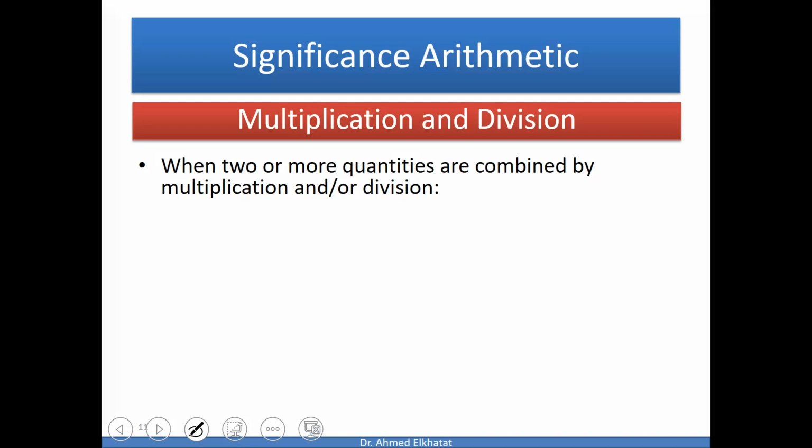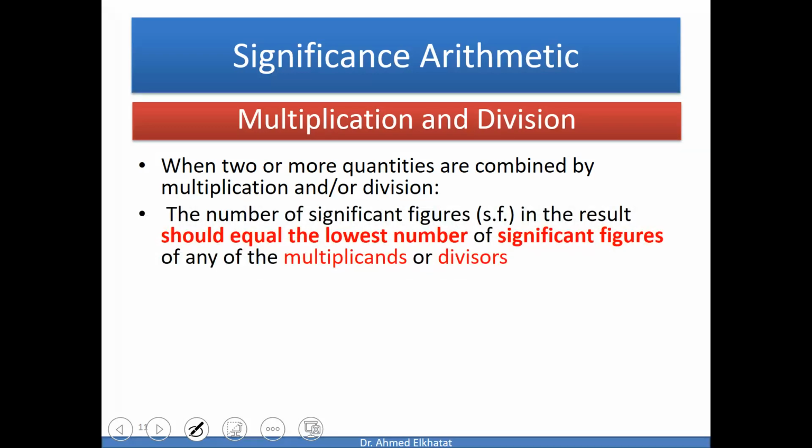So now let's start with multiplication and division, okay, because it's much easier. Now when 2 or more quantities are combined with multiplication or division, check which one has the fewest significant figures. So the result should have the same number of significant figures as the smaller one.